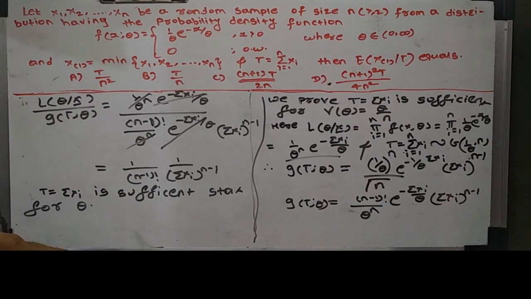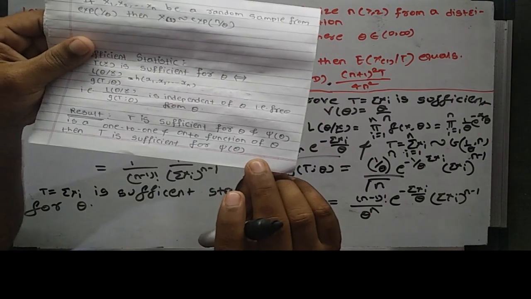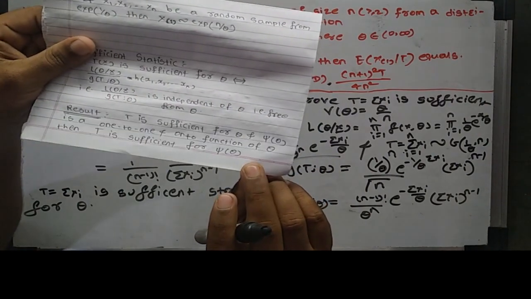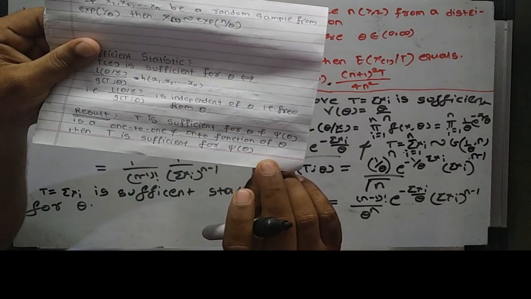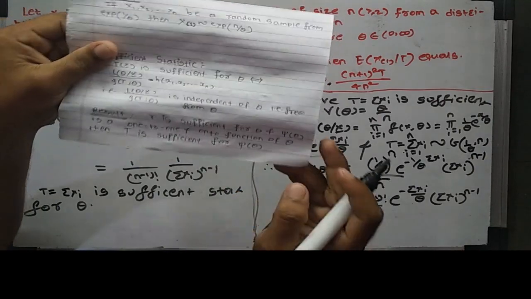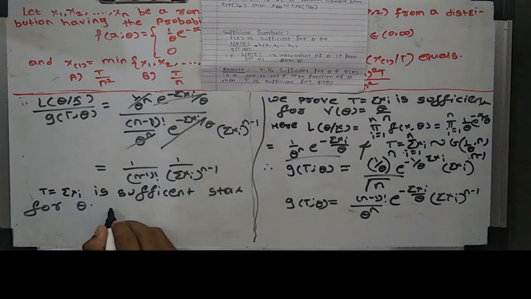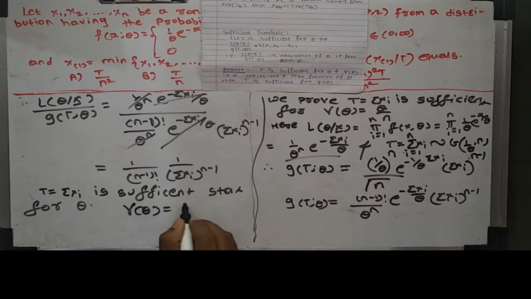We know the property of sufficient statistic: if t is sufficient for theta and psi of t is 1 to 1 function of theta, then t is sufficient for psi of theta. Here we check it for gamma theta equal to theta by n.